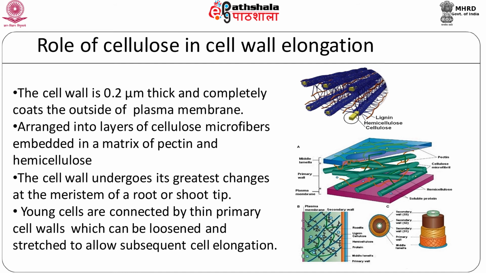The cell wall undergoes greatest change at the meristem of the root or shoot tip, and these are the sites where the cells divide and expand. Young cells are connected by a thin primary cell wall which can be loosened and stretched to allow the subsequent cell elongation. This is possible only because of the nature of cellulose in young cells.